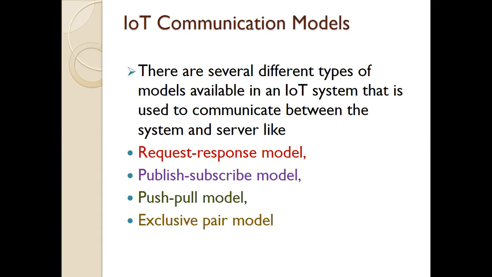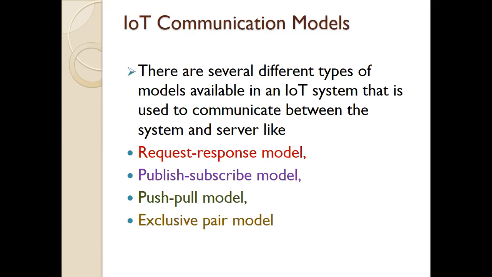There are different types of models available in IoT systems, and the purpose of the communication model is to communicate or exchange data between the server and the system. Basically, this is used for the transmission or reception of data. Simply, it establishes the communication between devices, between devices and the cloud, and between devices and the website.